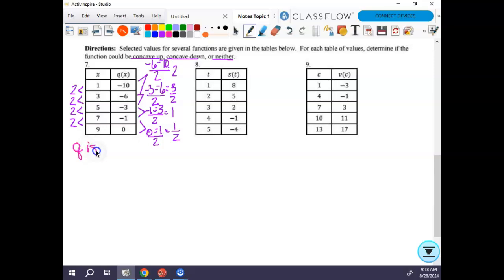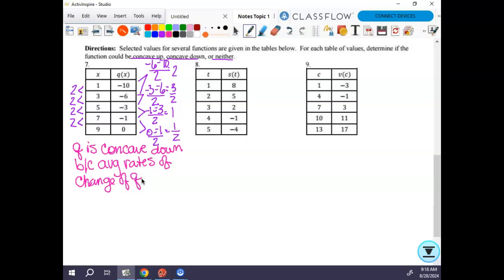So we're going to answer the question. Q is concave down because average rates of change of Q, I've got to say it again, not just any average rates of change, right?